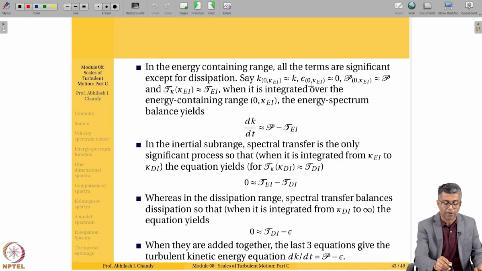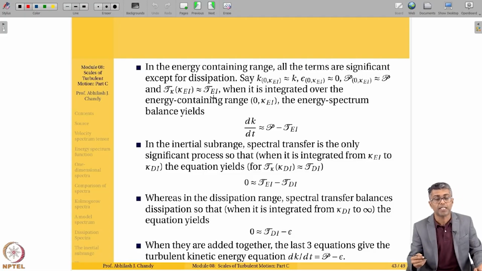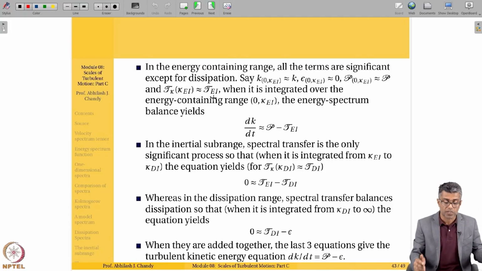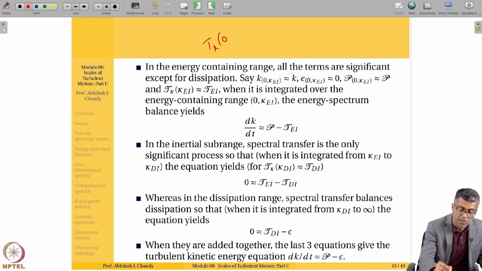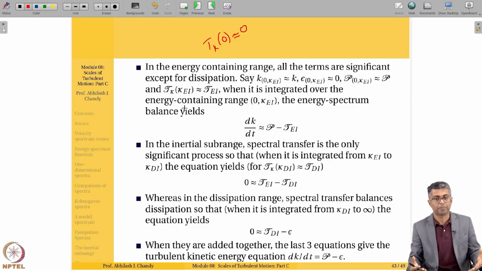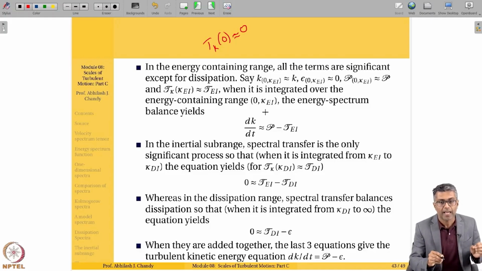The transfer itself at kappa EI would be equal to TEI. Why? Because in that range, T at 0 is 0, isn't it? T kappa at 0 is approximately 0, which means T kappa at kappa EI is TEI. So when it is integrated over that entire energy containing range, that is 0 to kappa EI, the energy spectrum balance will yield dk dt.